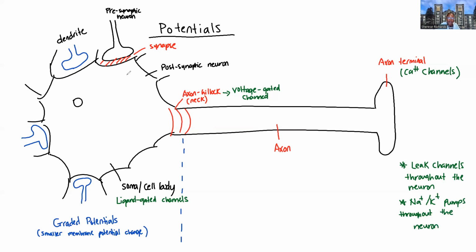We're going to calculate the different amplitudes of graded potentials coming in at these various synapses on the soma, and determine: is it enough to get us to -55? If so, then we're going to initiate an action potential from the axon hillock onward. So the axon hillock onward is where we have action potentials.